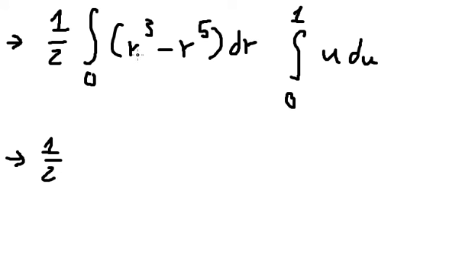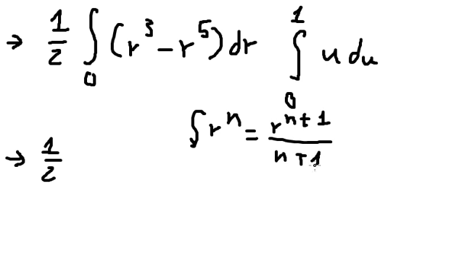The integration of r to the power of 3, we have the formula in here. So we put 3 in here and we have 3 plus 1, we have 4.